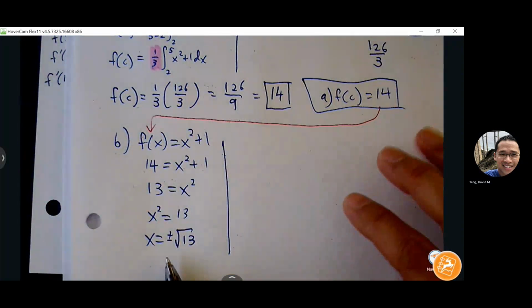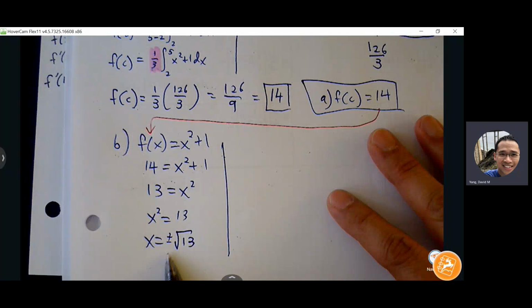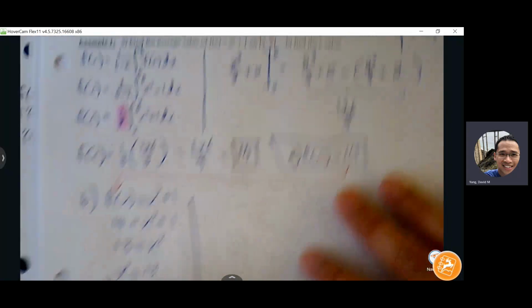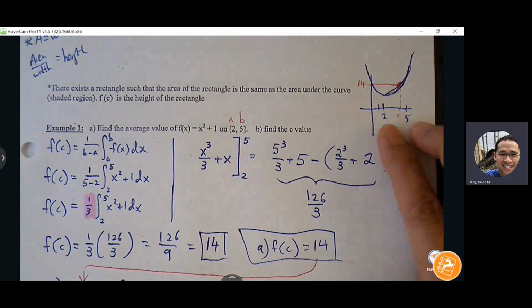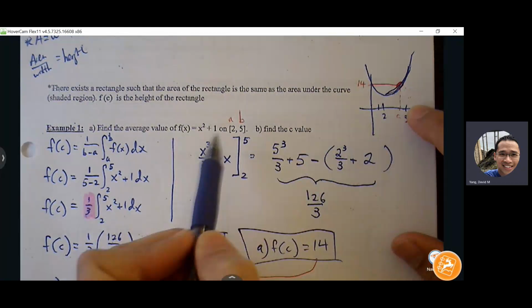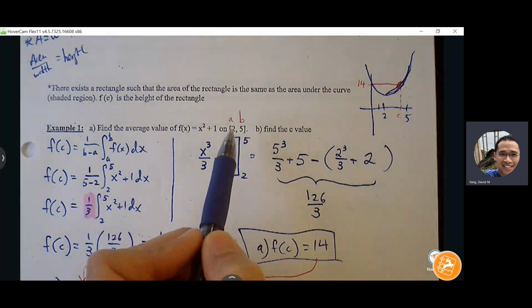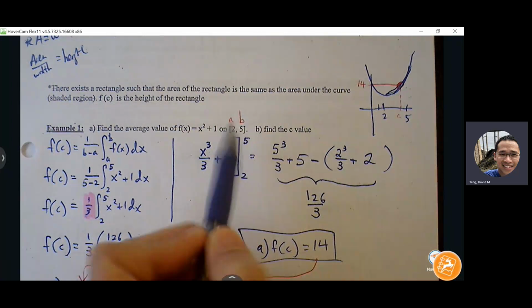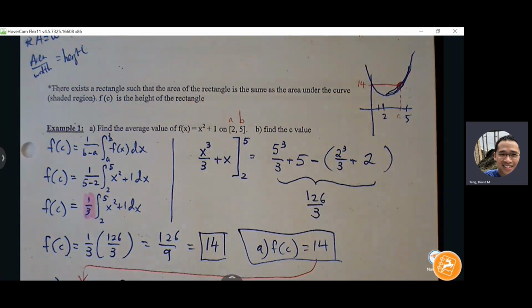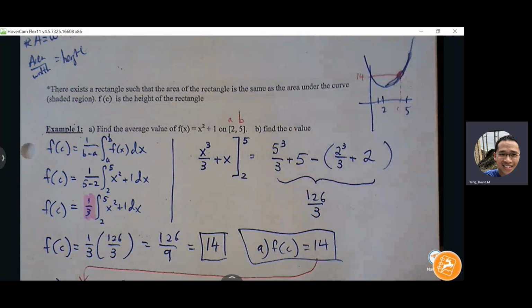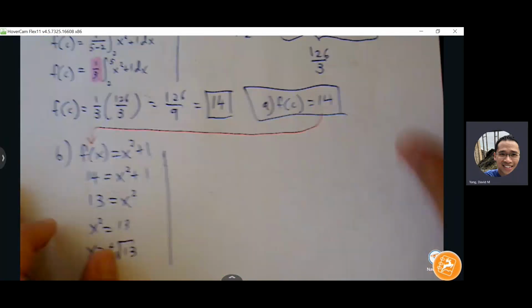But what's wrong with one of those x values? It's not between the interval, right? So kind of like mean value theorem and Rolle's theorem from first semester. If we find a location that's not part of the interval, then we remove it, right? It's not part of our domain.